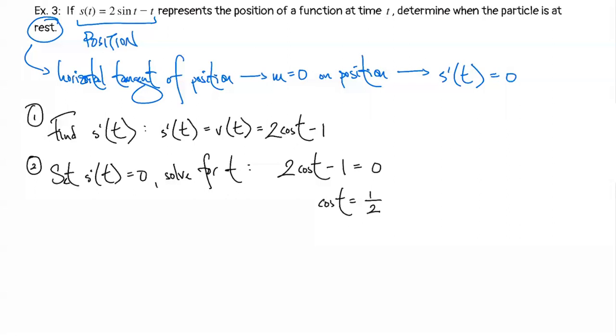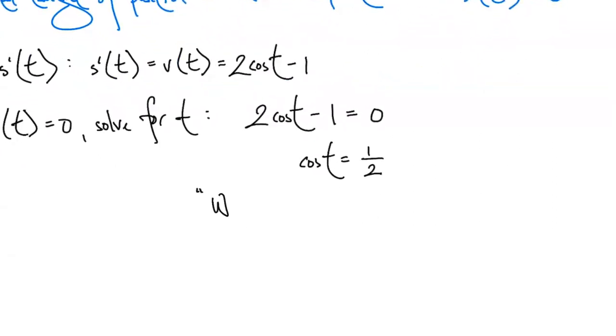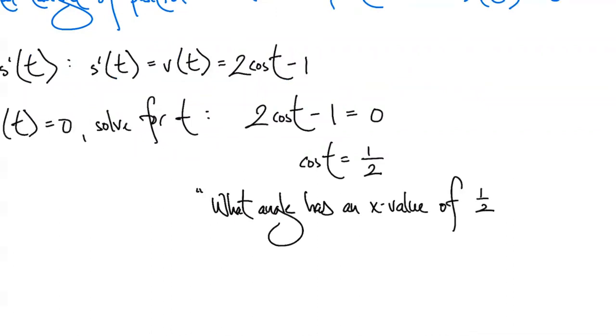When you say cosine t equals 1/2, the question you're really asking yourself is this: what angle has an x value of 1/2?